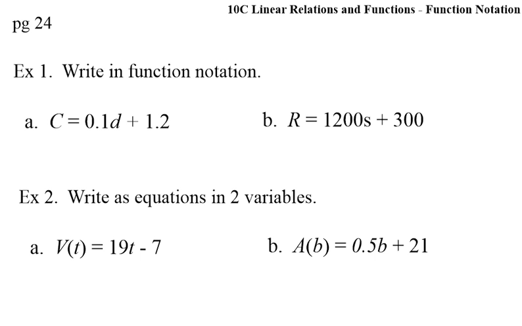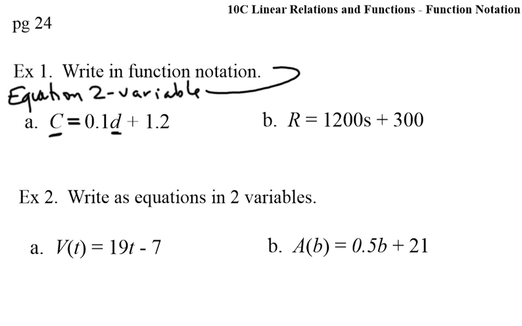So what's important is there's two ways now of writing things to be solved for. Right now, we have an equation in two variables. Because equation, equals sign, but we have two variables. We want to turn it into function notation. Well, what does function notation tell us?